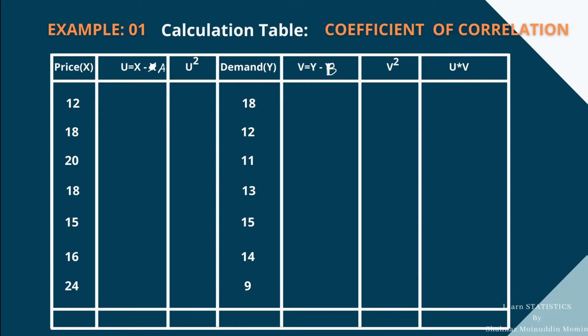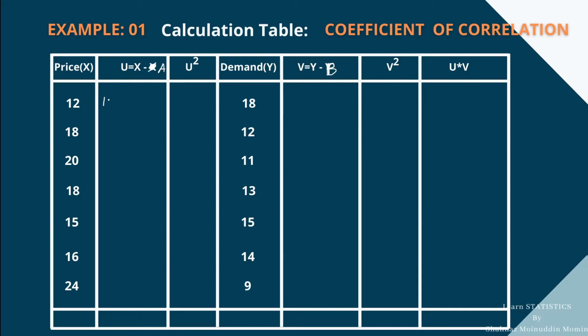To obtain the value of r, we prepare a calculation table. Let me write the price and demand in a vertical column. Now the next column is u equal to x minus a, the assumed mean of x, that we have taken as 18. So we subtract 18 from each value of x.